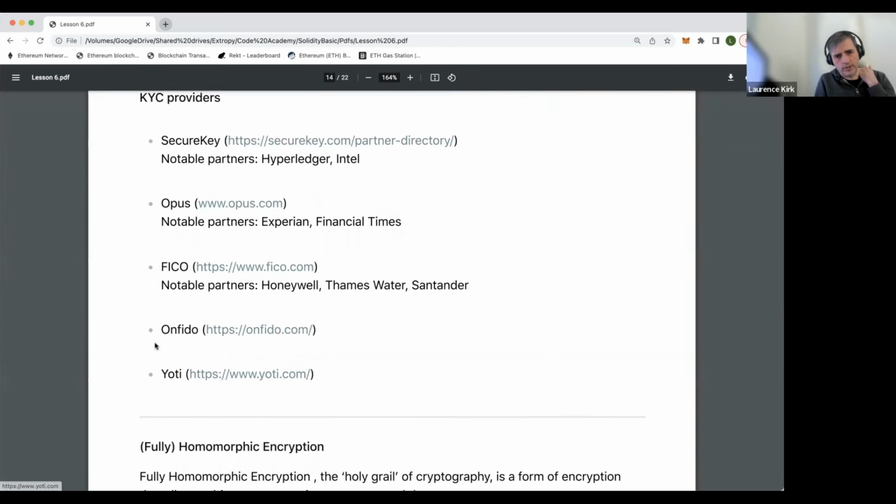The last two I've used, particularly Yoti, and they have a phone app that allows you to prove your identity and go through a KYC process by using something like your driver's license or your passport, and then doing verification using a video and doing liveness verification to prove that you are a person and not a video.